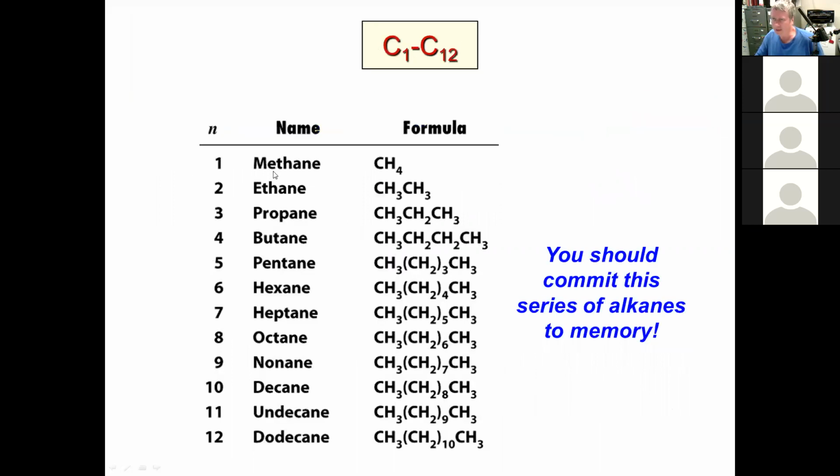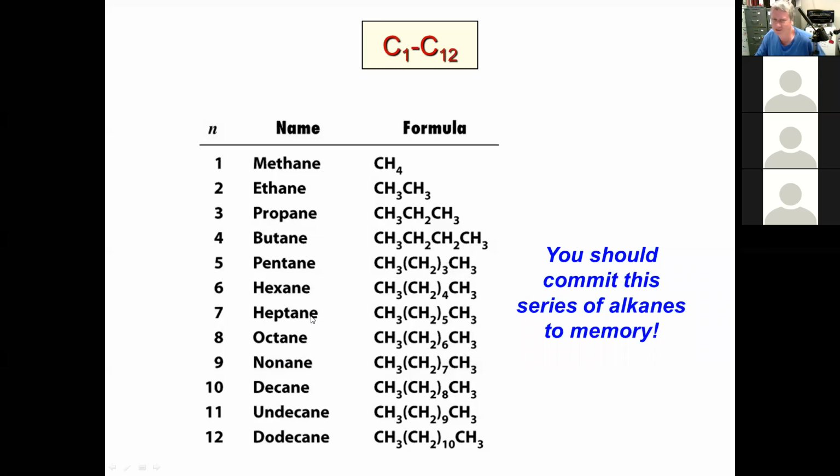Okay, so I usually recommend students remember 1 through 10. 11 and 12 are just kind of weird names, but it goes methane, ethane, propane, butane, pentane, hexane, heptane, octane, nonane is 9, 10 is decane. If you're challenging yourself, you can do 11 and 12, undecane and dodecane. I'm not going to ask those in class, okay? But also, everything's open notes.